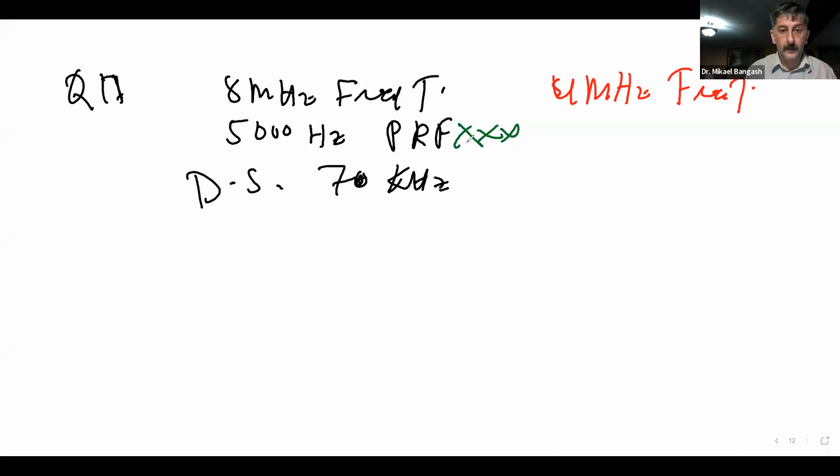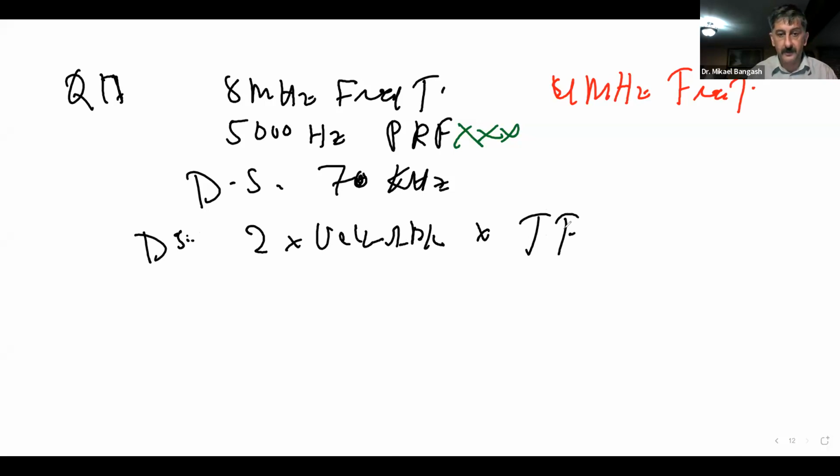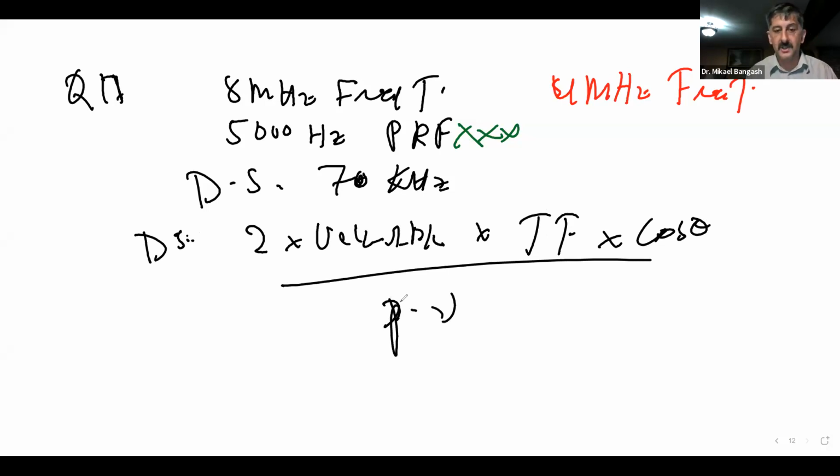Clear? If you look at your Doppler shift equation, it is going to be 2 multiplied by the velocity of blood, multiplied by the transducer's frequency, multiplied by the cosine of the theta angle, divided by the propagation speed.